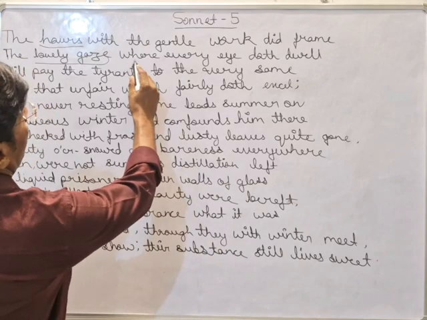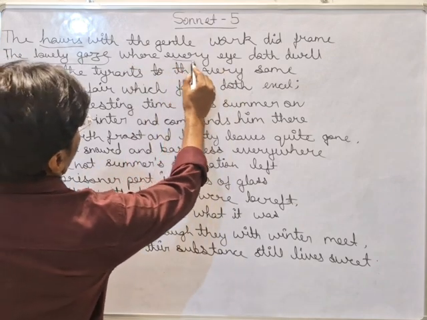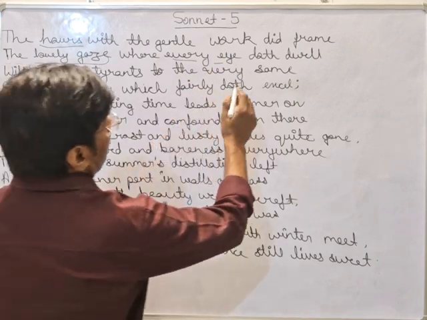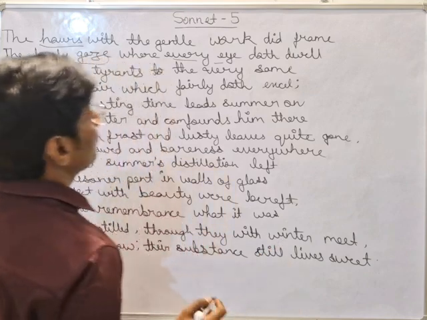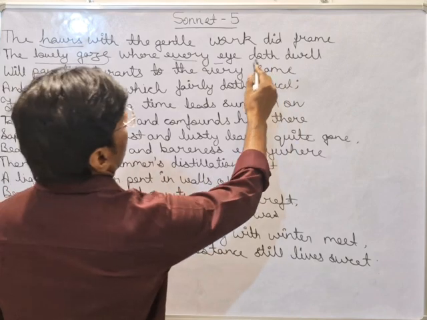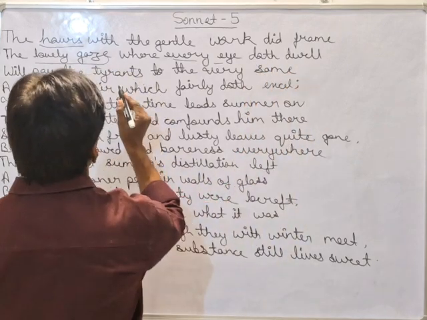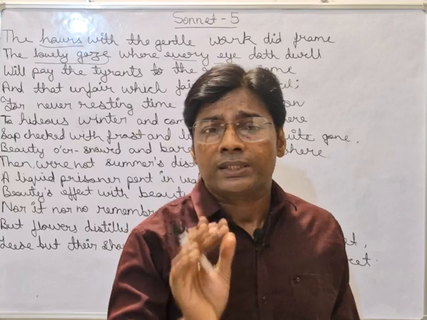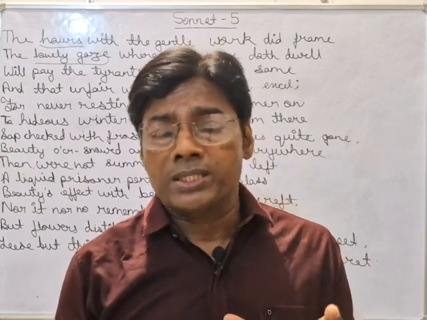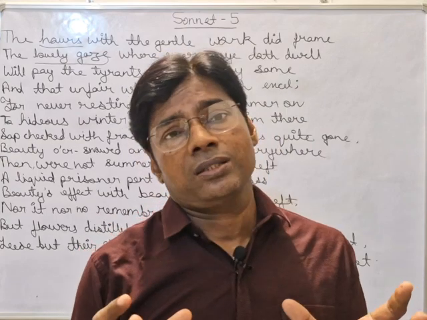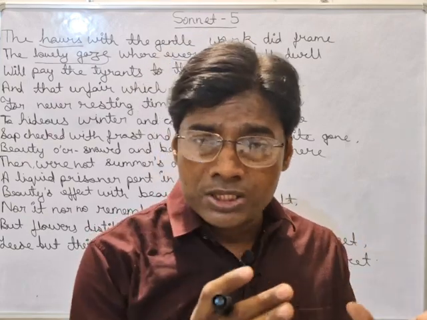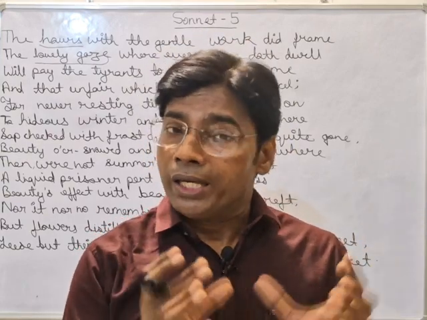Where? Every eye doth see. A beautiful example of synecdoche. Eye here stands for human. Doth dwell, rest, means see. So he says that the beauty of his friend was created, framed and shaped by the time with great gentility, with great love and care.